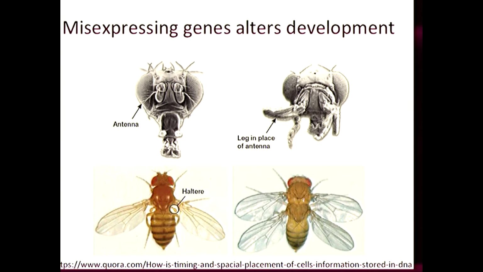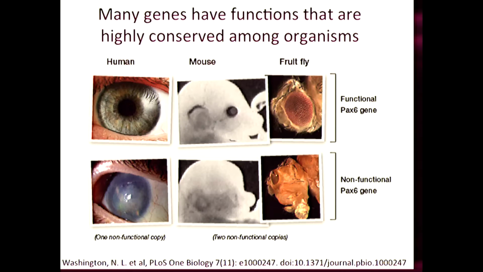Okay. All right. Another kind of unexpected finding that really had a big impact on how we think about development came around 1995. And this was a time when we were first learning to be able to turn genes on and off in a controlled manner, to move genes between organisms.